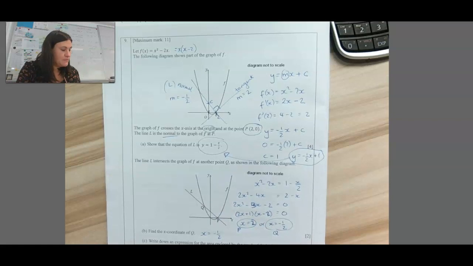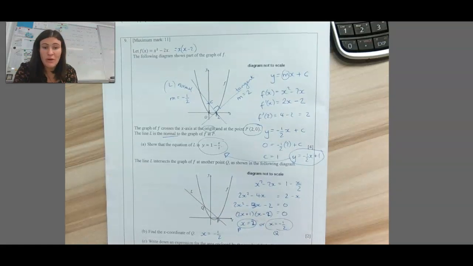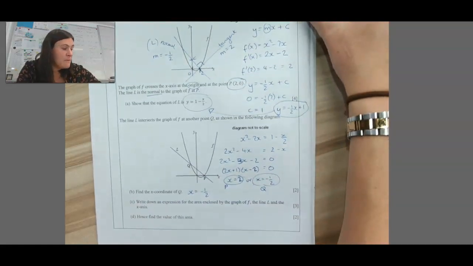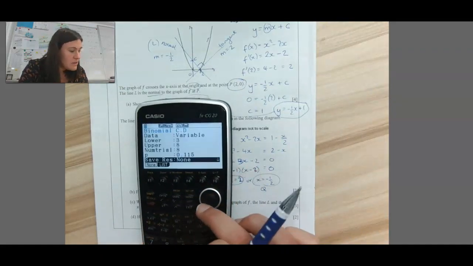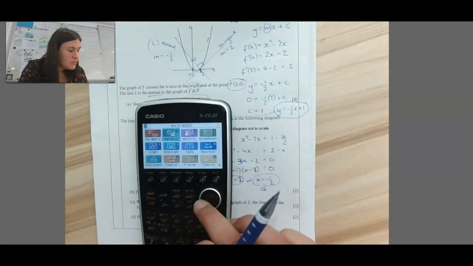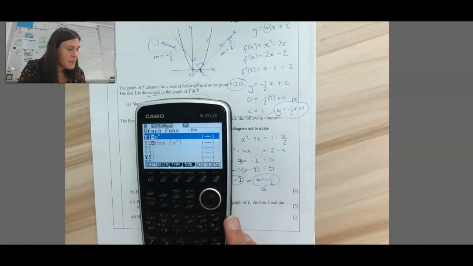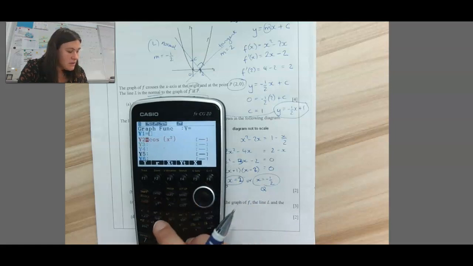All right. You could also put this onto a graphical calculator to solve it. So let's just go through how we do that. I'd go to my graph, delete anything else that's hanging around, and put in x squared minus 2x.